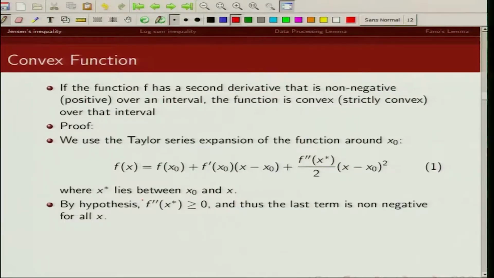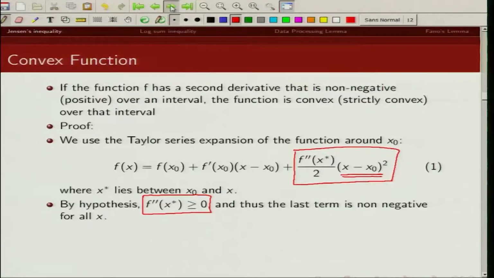So we are saying that if the second derivative is positive, then the function should be convex. So if the second derivative is positive, then this last term is non-negative, and this is the square of x minus x naught, so that is also non-negative. So this whole term will be a non-negative term.